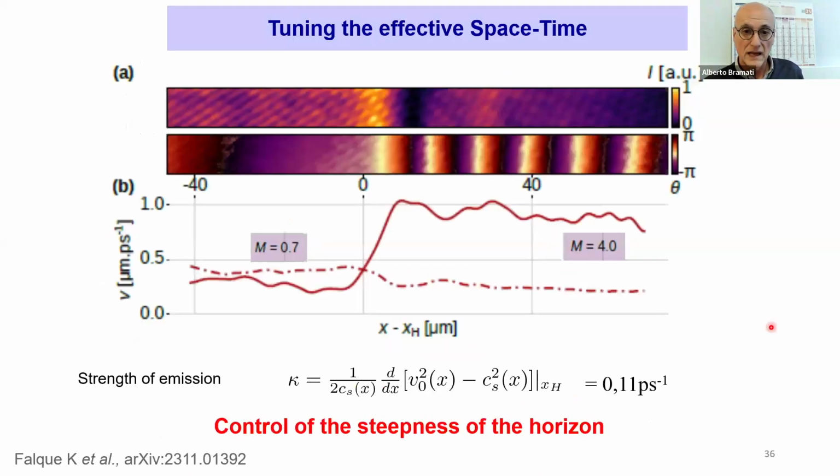This is a last example. We have a very strong Mach number here, equal to 4, and this horizon is very steep. This is the value of the steepness, and we can expect a very strong emission of Hawking radiation in this situation.